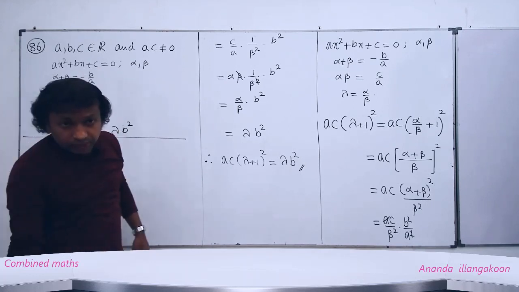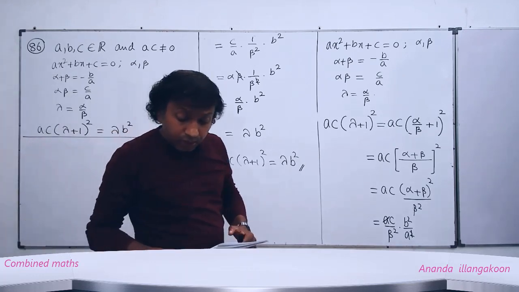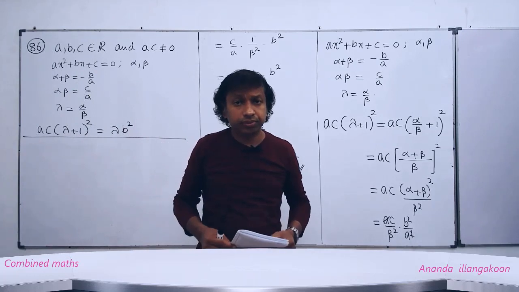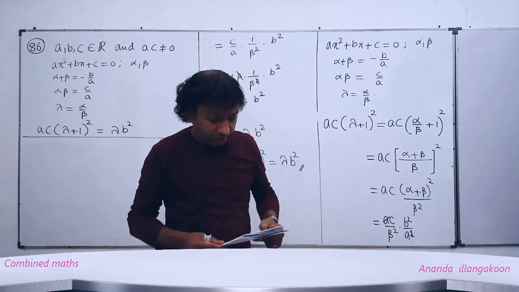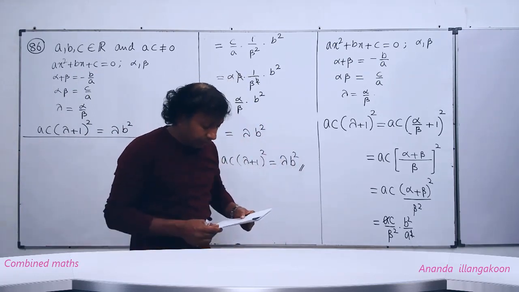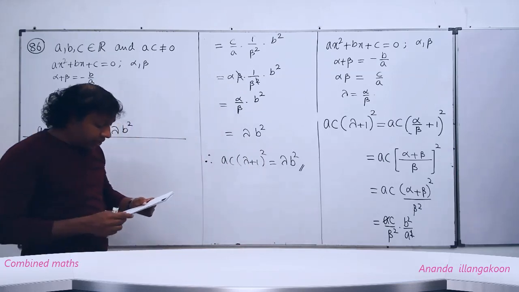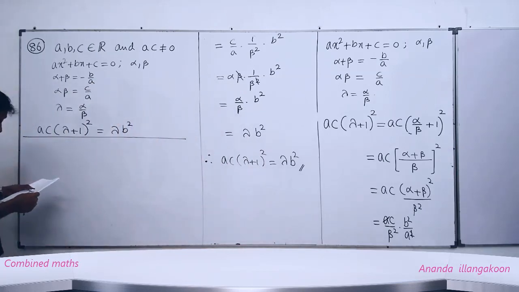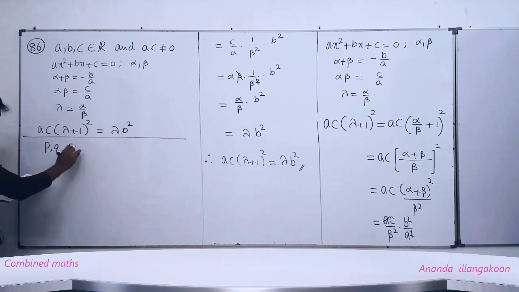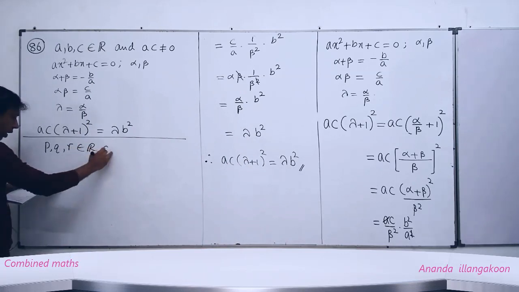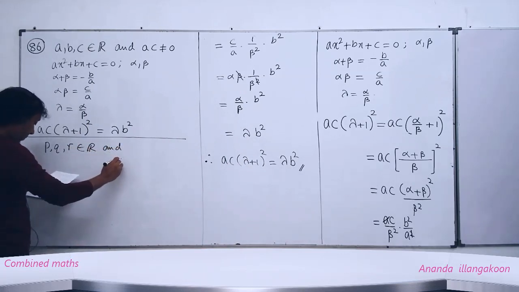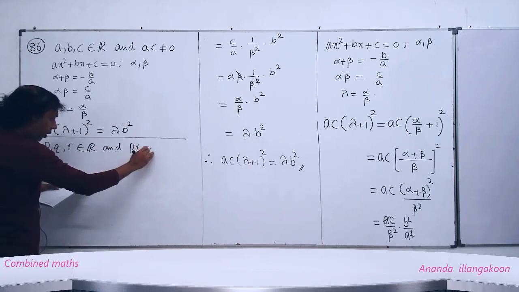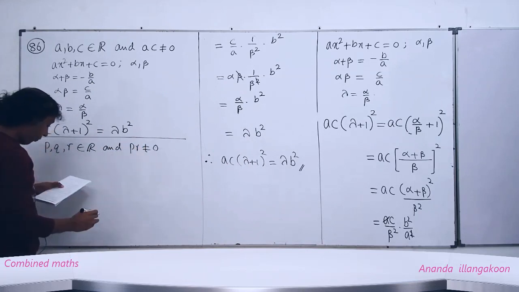See here in the question, similar information is given. What is the information? Read the third line. Let p, q, r be real numbers, and the product pr not equal to 0.